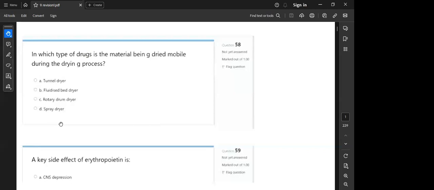Vanessa is telling us a tunnel dryer is a machine where a container or tray is filled with the material, placed in a trolley, or the material is loaded directly on the trolley, and the trolley is pushed in from the tunnel chamber entrance. The material is dried by being moved through the drying chamber. Okay. So in this case, it's being mobile.